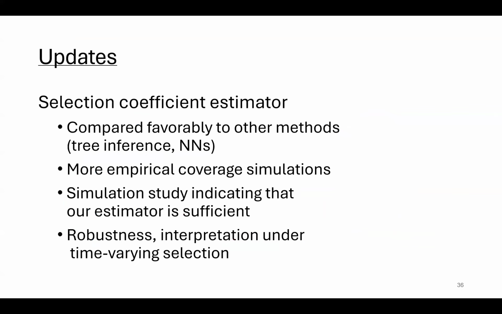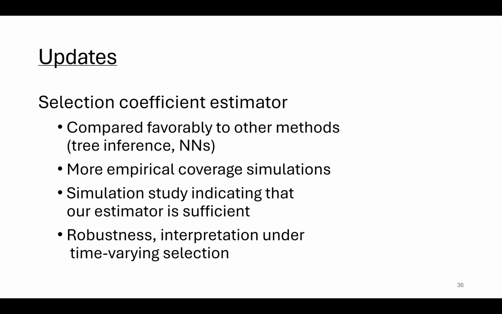Some updates, and they've mainly been focused on the selection coefficient estimator. So we compared that quite favorably to some other methods in the literature. One tries to solve or optimize a likelihood for a learned coalescent tree. We think the issue here was trying to infer the tree, and issues perhaps that the tips of the tree could bias the downstream analysis.